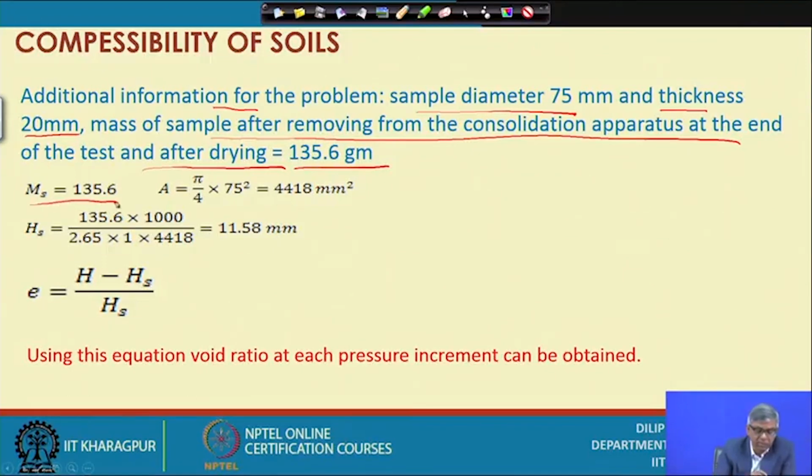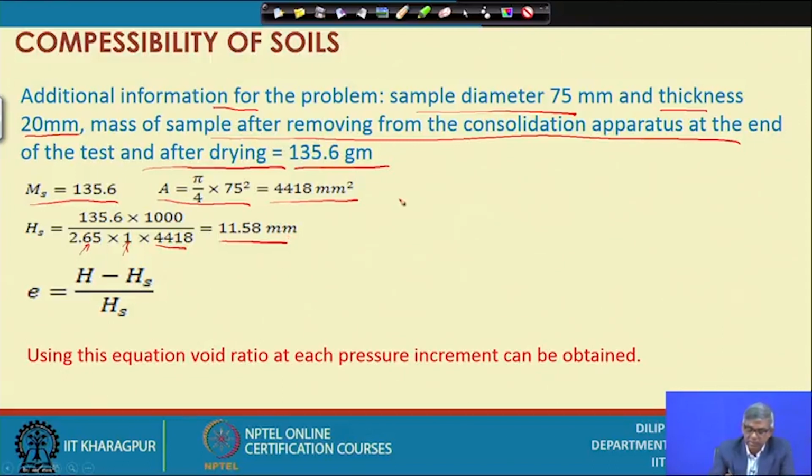So, MS becomes 135.6, and since the area is given, A is pi by 4 into 75 squared, in millimeter square. So HS becomes 135.6 divided by rho W, 2.65, and this area, and to convert into millimeter we multiply by 1000. So, 11.58 is the thickness of the equivalent soil mass.